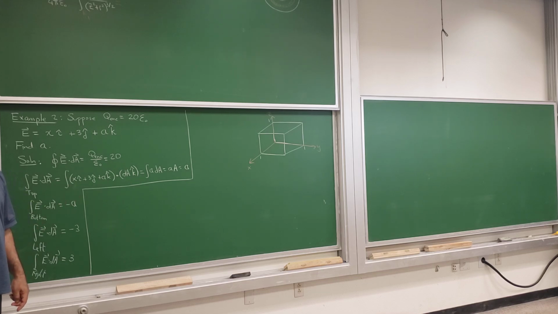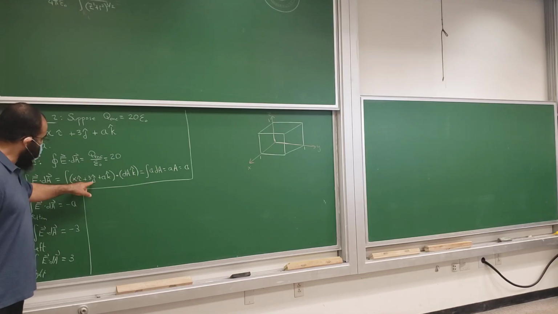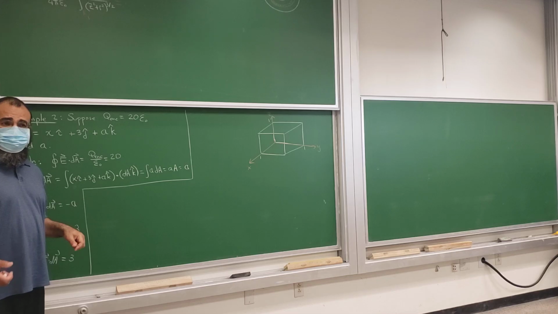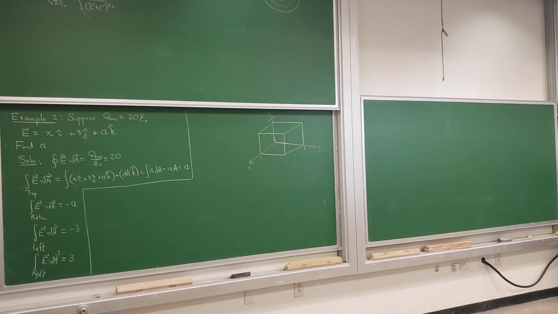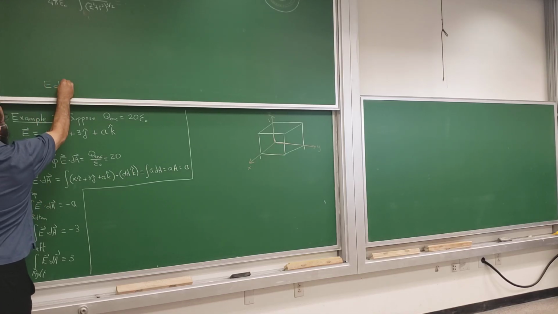How come we didn't use E A cosine theta, that formula, instead? But what's cosine theta? Because they're all parallel to each other, right? So if it's parallel, it would just be cosine of 0. You're asking why not do E A times cosine?